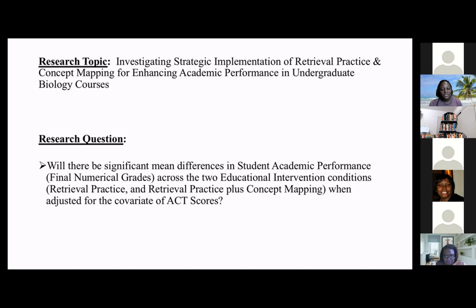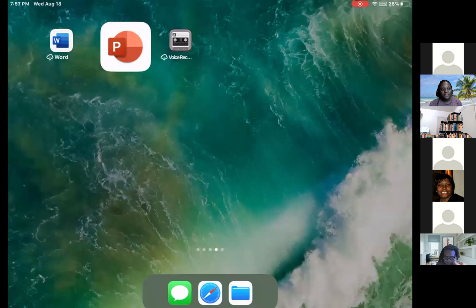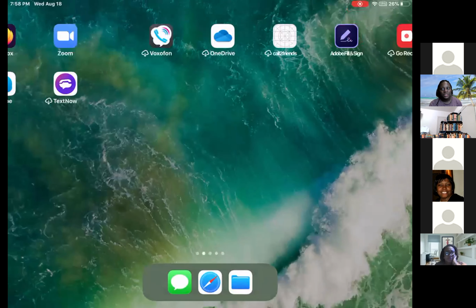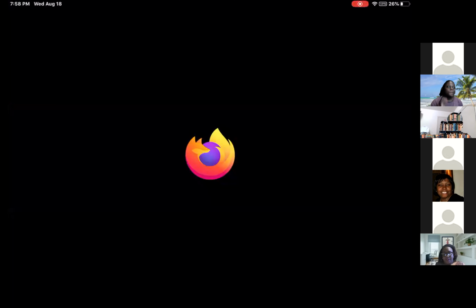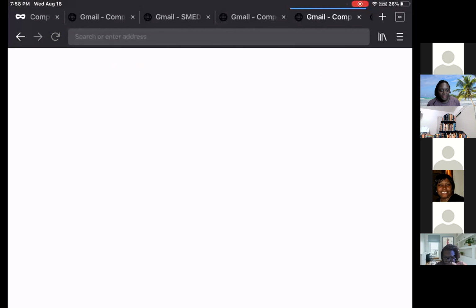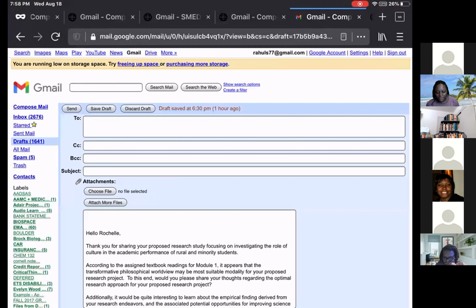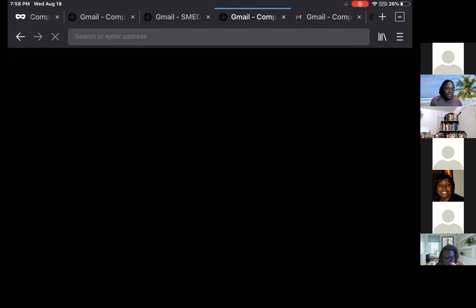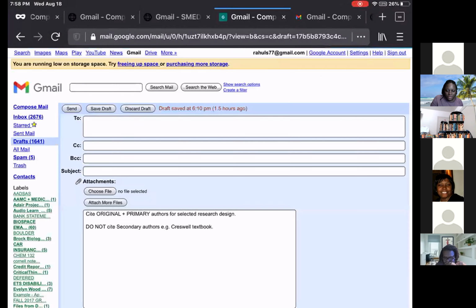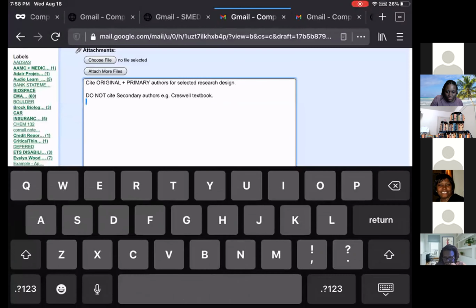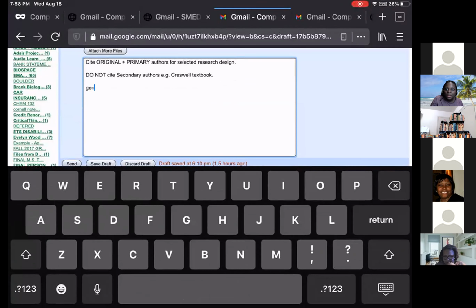So it would be interesting to see gender as an actual demographic for the research questions. And perhaps there are other variables that come out as you develop the research.